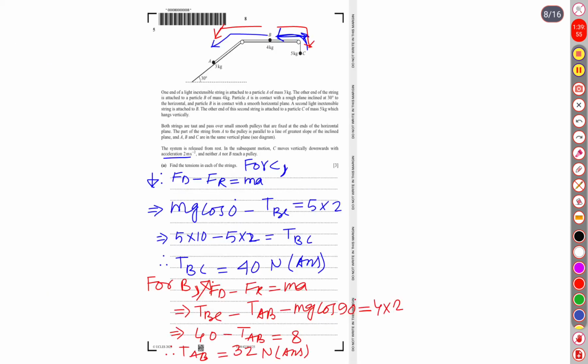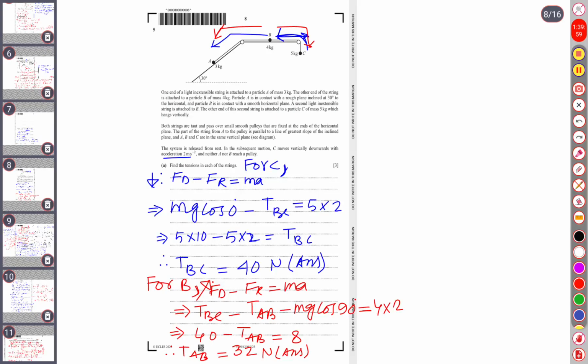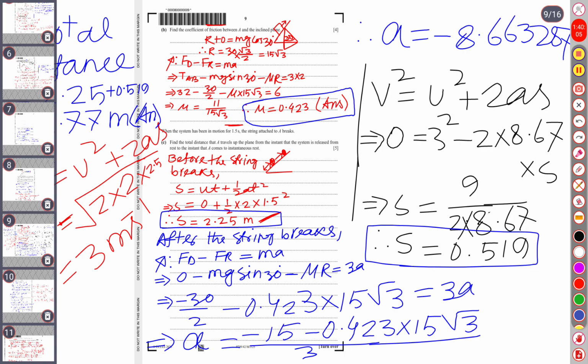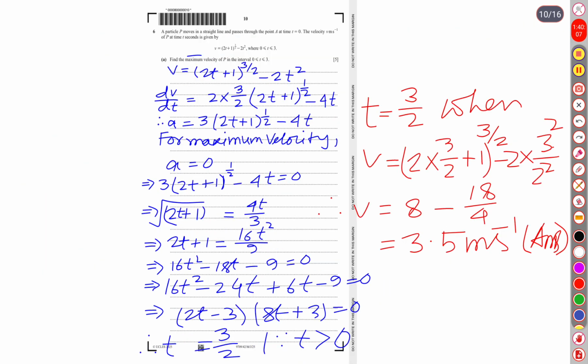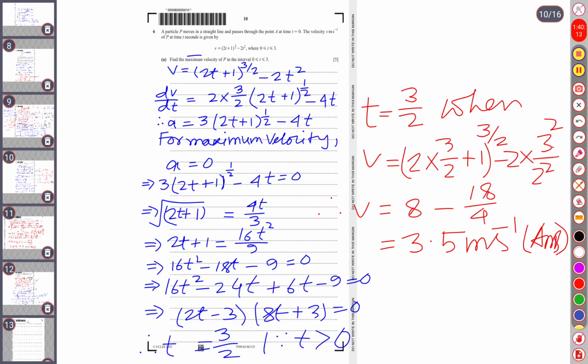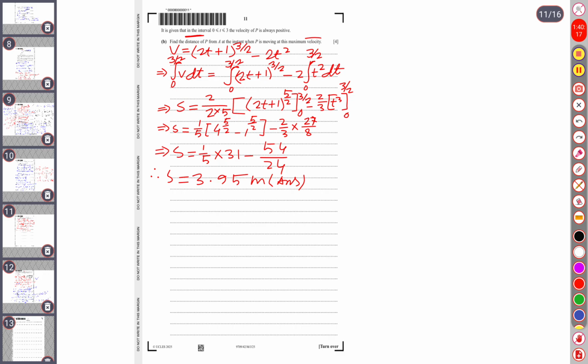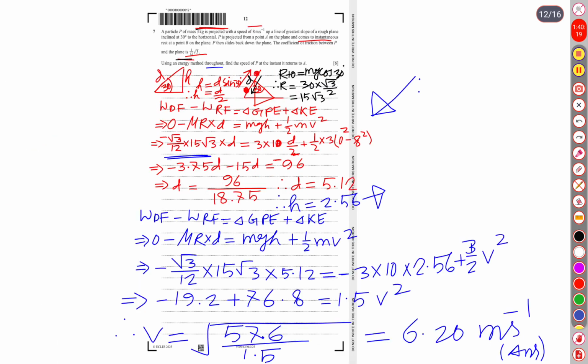Then the sixth one means question number 5, the remaining part of 5 actually. After that there comes 6. It is all about kinematics. Then this one is also the final part of 6. Then 7 is over here.